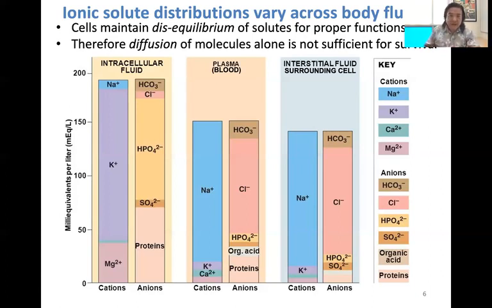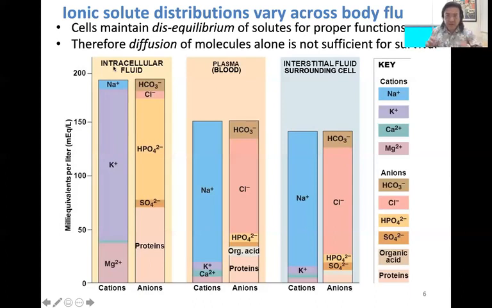If we think about our body and all the fluid spaces in our body, you can, in a very generalized macro way, think about just three different compartments. You have fluid inside of all of your cells that are contained by the cell membrane. That would be your intracellular fluid.